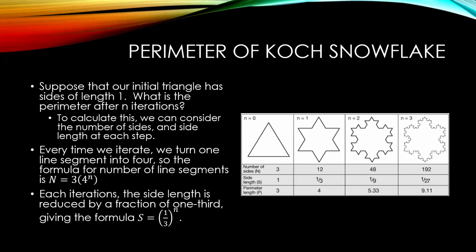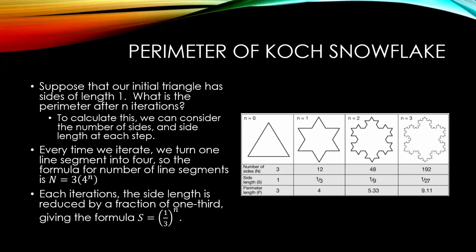We can then start asking questions about it, like what's the perimeter of the Koch snowflake? And so suppose that our initial triangle has sides of length 1. Well, what is the perimeter after n iterations? Well, we've actually got that mapped out here, but let's talk it through. And so every time we iterate, we turn one line segment into 4.